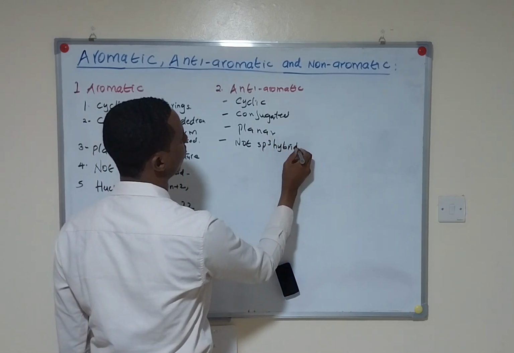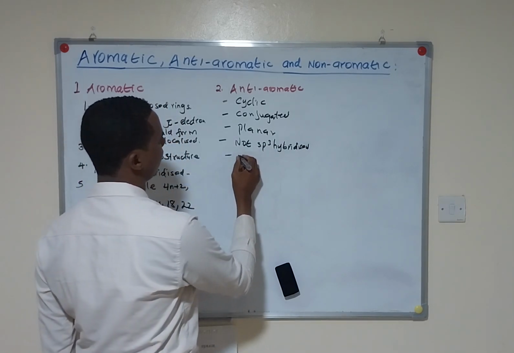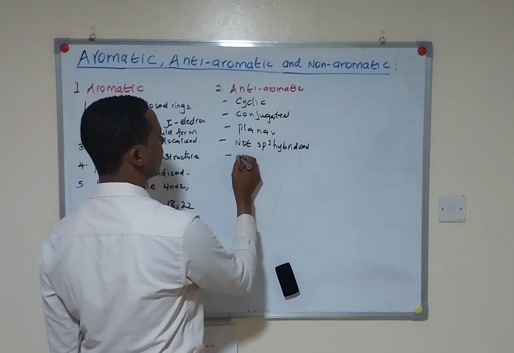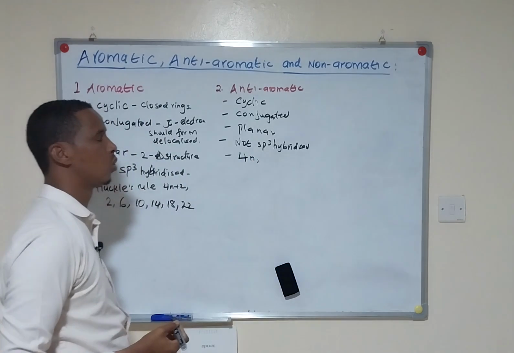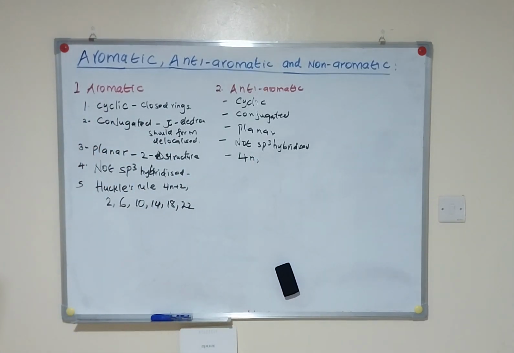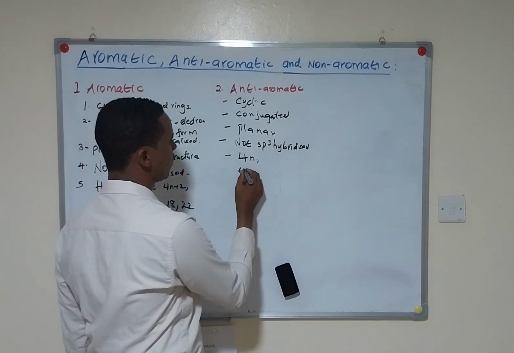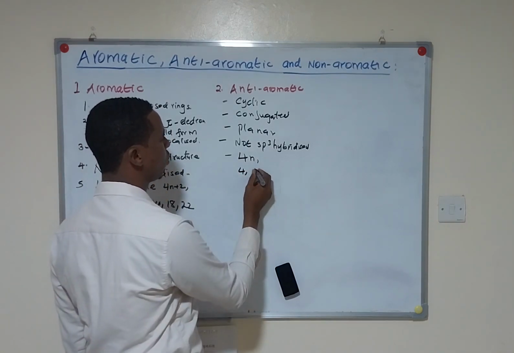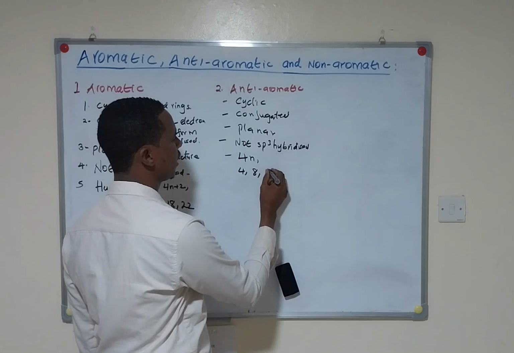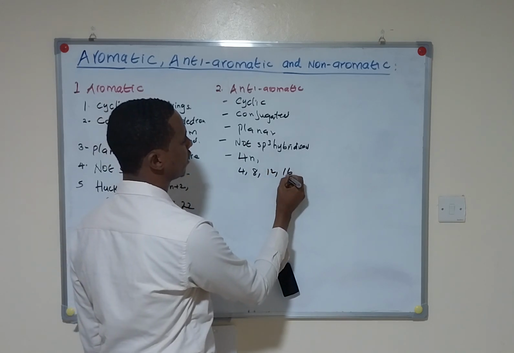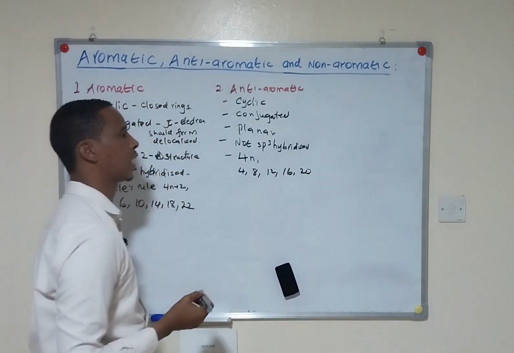Lastly, the only difference is that it conforms to the 4n rule, where when n is 1, the pi electrons are 4. When n is 2, the pi electrons are 8. When n is 3, 12, then 16, and the list continues like that.